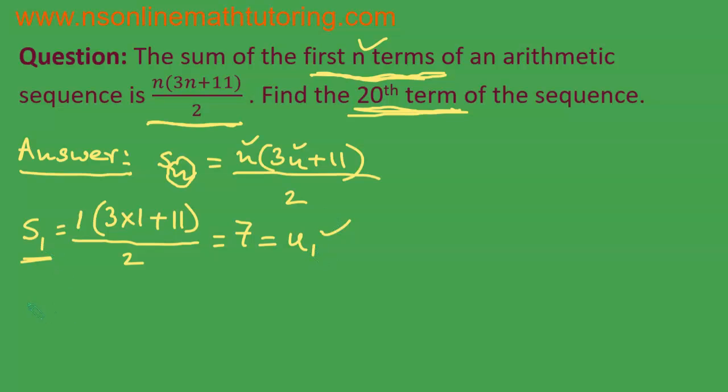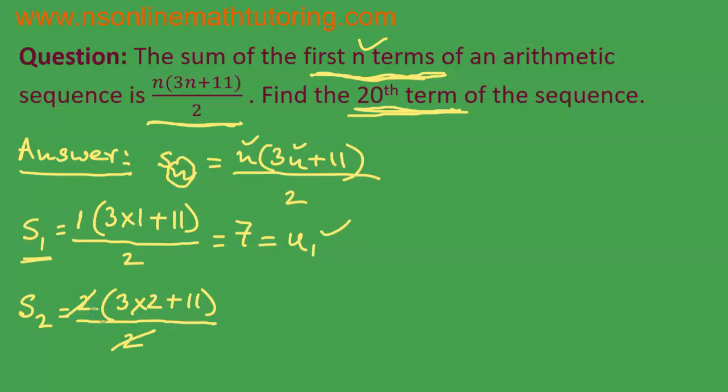Now, let us try to find S2. That is the sum of the first two terms of the given arithmetic sequence or the finite arithmetic series. So, in this case, n is equal to 2. So, it is 2 times, within the parenthesis, 3 times 2 plus 11, whole divided by 2.